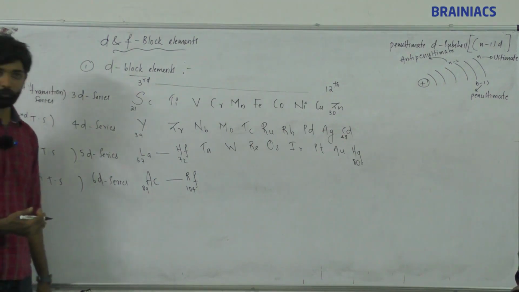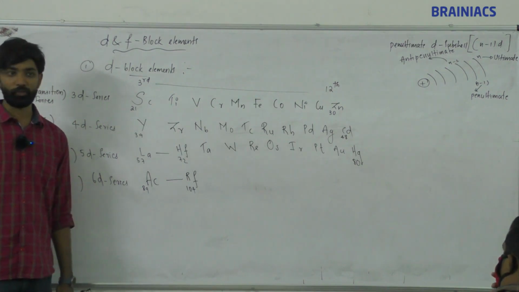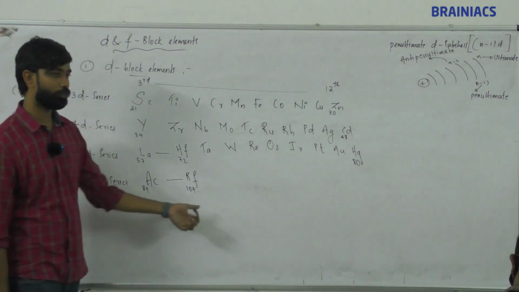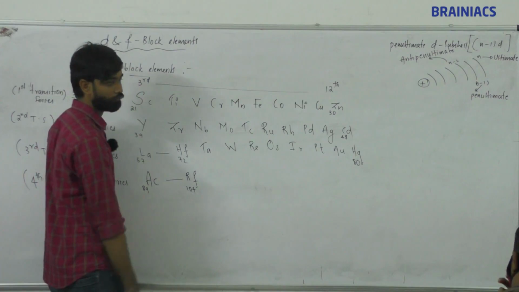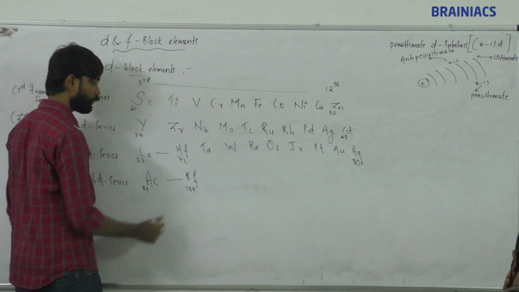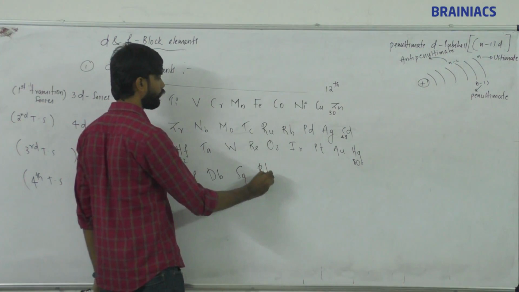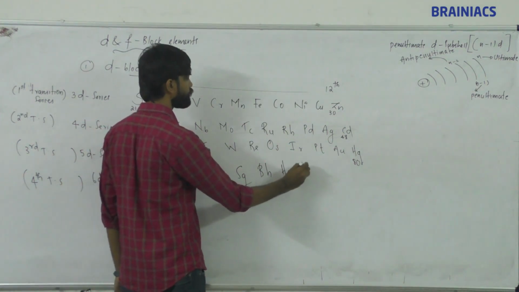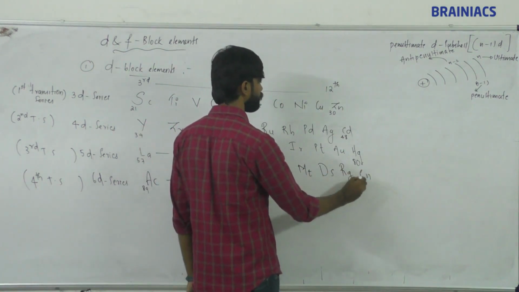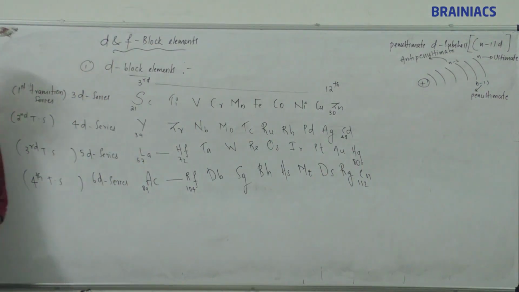Between them, 90 to 103, are the actinoids: thorium, protactinium, uranium, neptunium, plutonium, americium, curium, berkelium, californium, einsteinium, up to lawrencium. Then rutherfordium, dubnium, seaborgium, bohrium, hassium, meitnerium, darmstadtium, roentgenium, copernicium, which is 112.